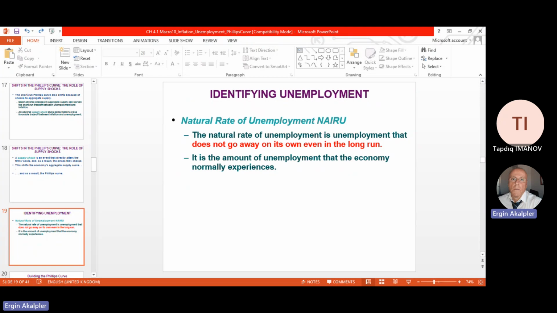It is not true that we have zero unemployment, because there is always some 5 to 6%, sometimes 4%, unemployment rate which always exists in the economy and is not calculated, because many of the people who are not working and are not registered as unemployed do not go to the offices. This is the reason that we always suppose there is some unemployment rate. This is supposed to be the natural level of unemployment, and as I mentioned to you, it is around 5%. It is the amount of unemployment that the economy normally experiences.